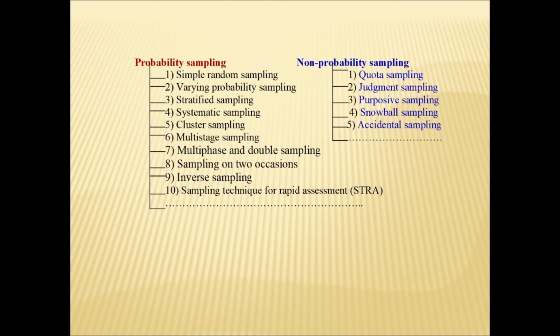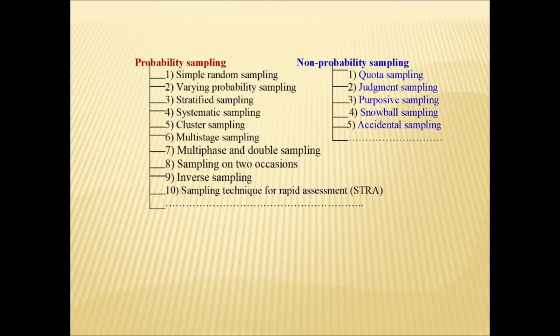Simple random sampling is nothing but a unit being drawn from the population with equal probability. That means out of this audience, I can pick up anybody with equal probability. There is no question of differential probability that this unit will be selected rather than that unit. So every unit has equal probability to be included in the sample.